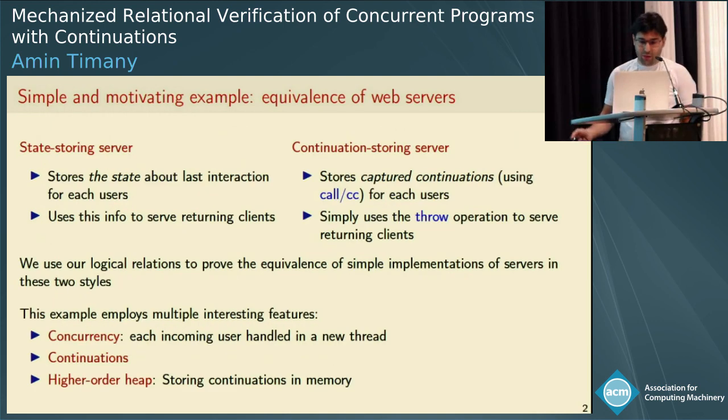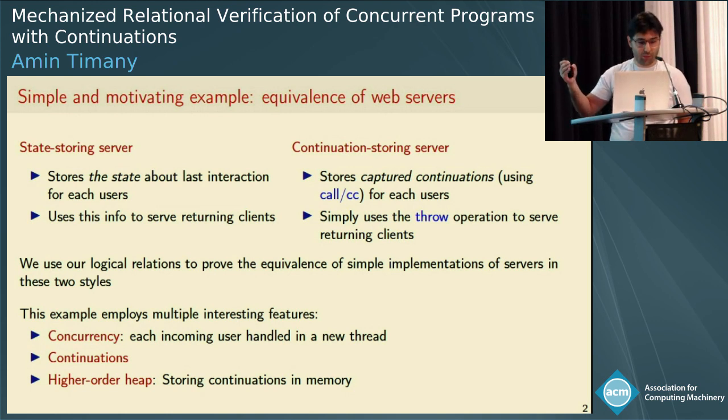So let's look at a very simple motivating example. Let's think of web servers. When a client makes a request, the web server has to respond, but it also has to take into account what has happened in the past, the history of communication with the client. In this aspect, we can think of two different styles of programming the server.